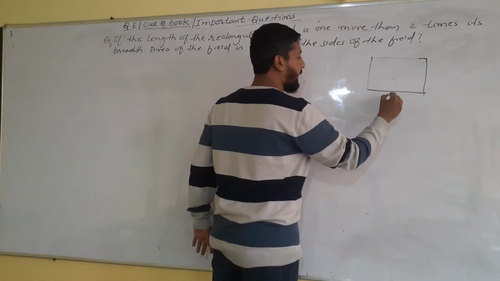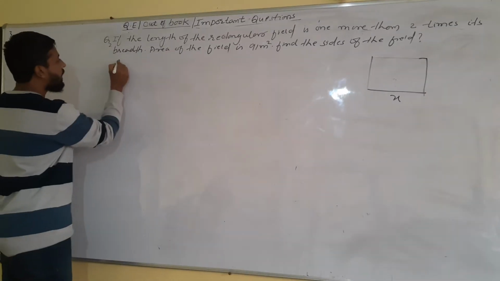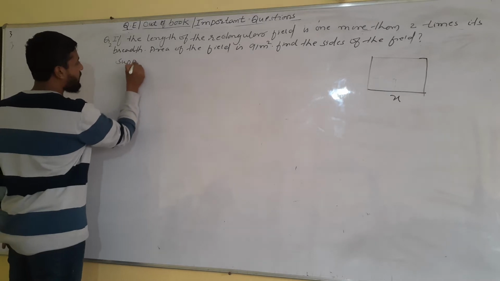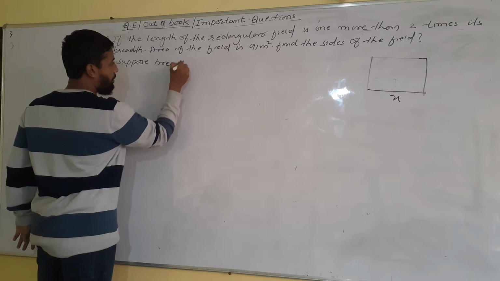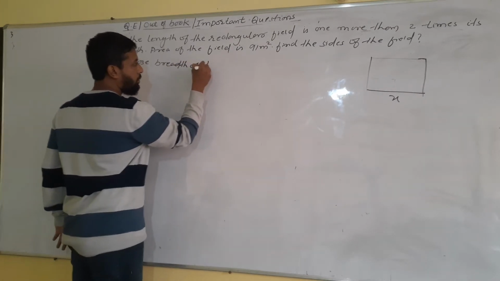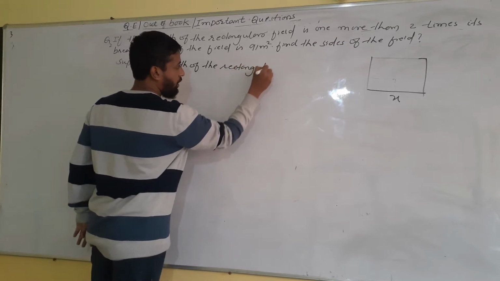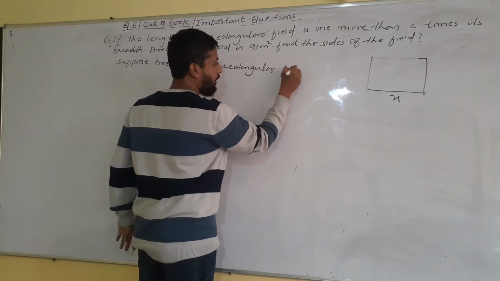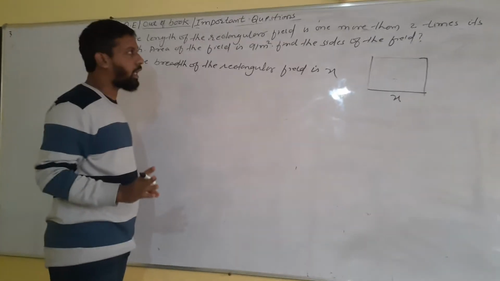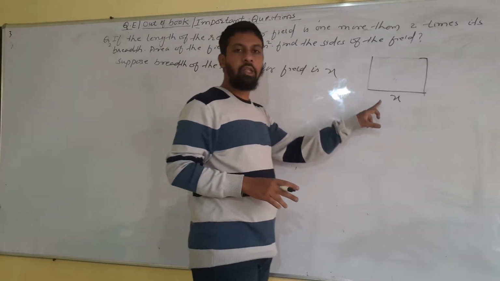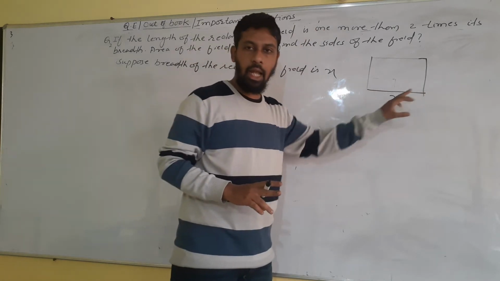Suppose breadth of the rectangular field is x. We don't know the length of the rectangular field and we don't know the breadth of the rectangular field. Both we don't know, and we consider breadth as x.